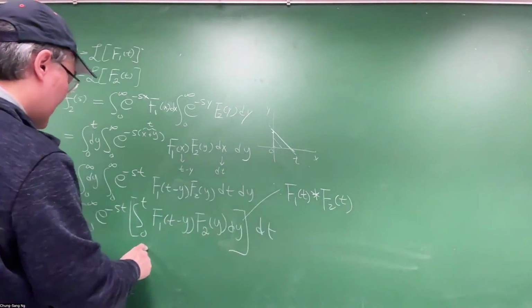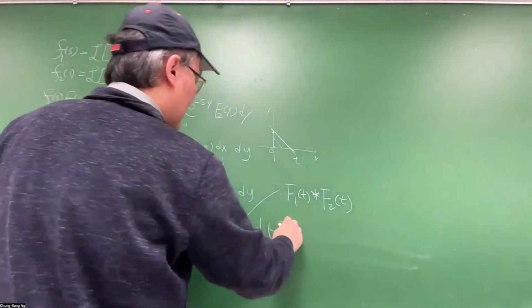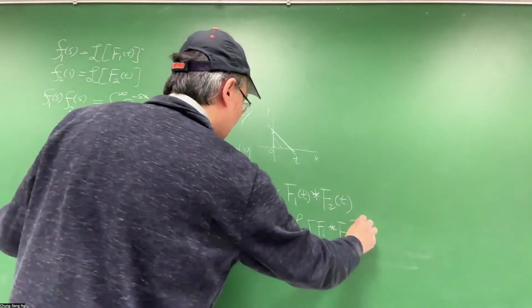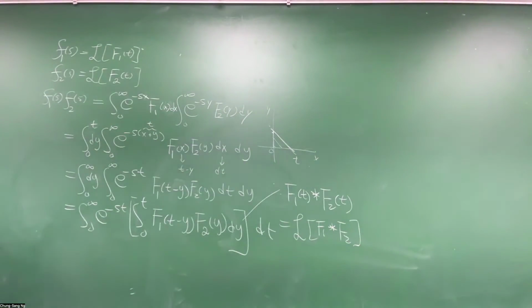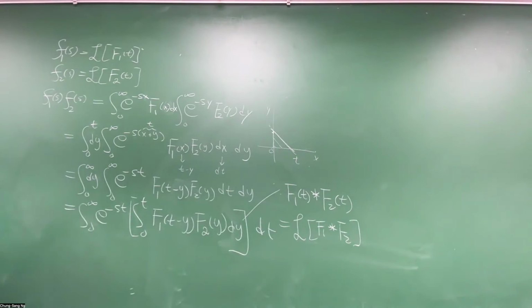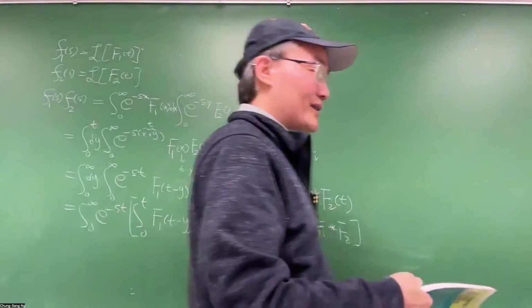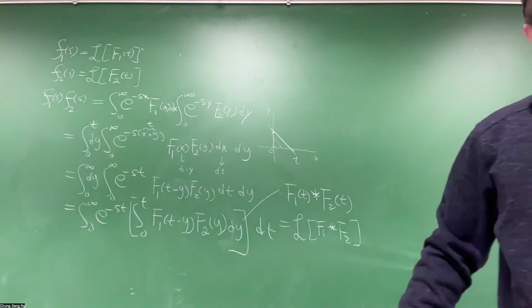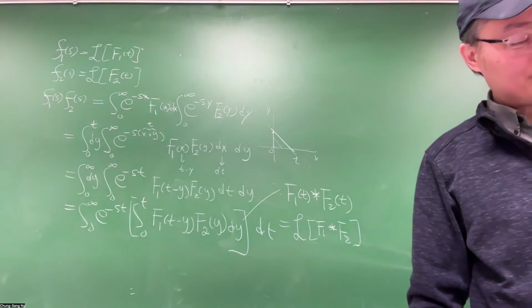And this becomes the Laplace transform of the f1 f2 convolution. But anyway, this needs a little bit more explanation. I'm just running out of time to explain that. Okay, but we'll come back to that next time.